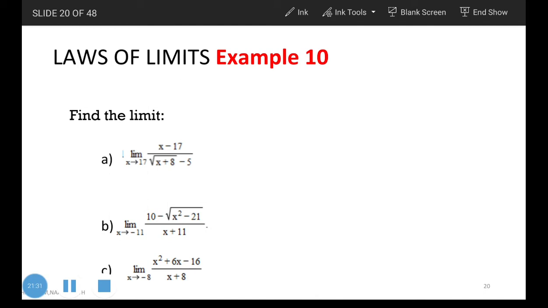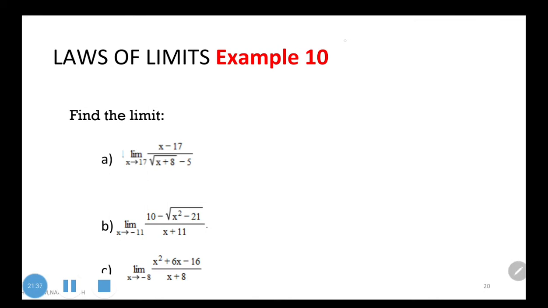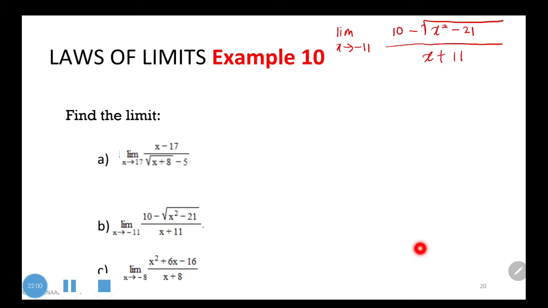Okay, now let's look at example B. Sorry, I should have just multiplied with its conjugate, so I have to rewrite it here again. Just bear with me.